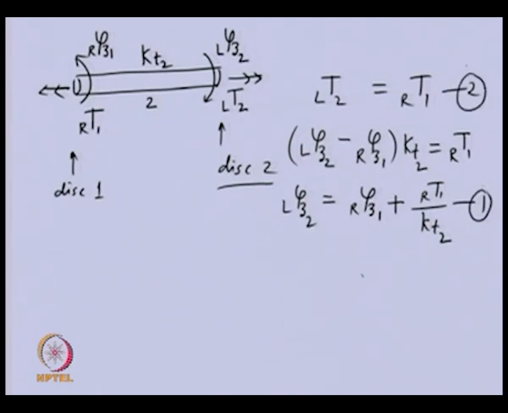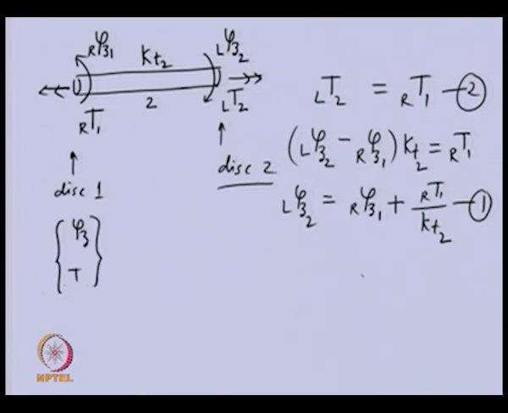On this side we have the field variable related to the left of 2, and on this side we have the displacements right of disk 1. We can combine this in a matrix form like this, as we did for the disk case.